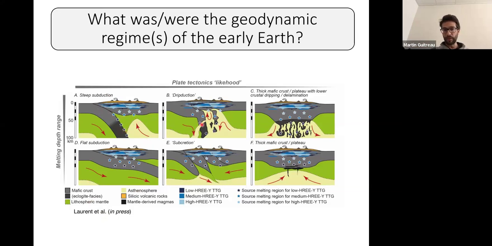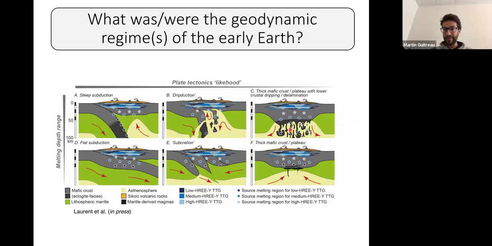to some sort of disrupted subduction, which we call dripduction, to some sort of flat subduction, like what currently happens underneath some of the Andes. Also subcretion, which is some sort of scales stacking. It's another way of seeing subduction.